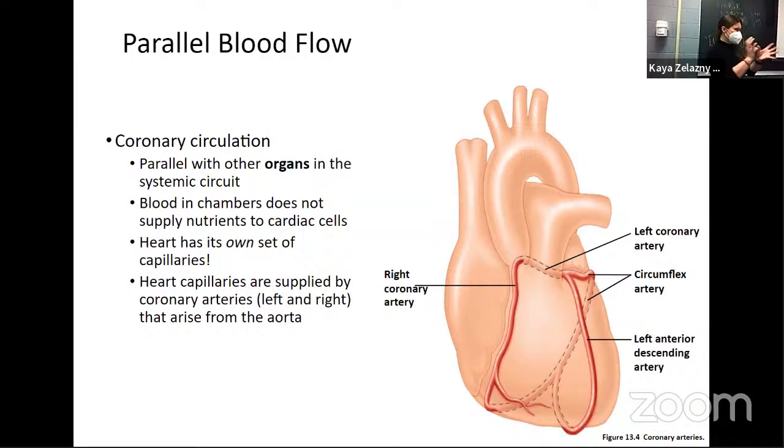We also treat the heart as its own organ system in terms of blood flow. So the heart supplies itself using these coronary arteries. In that sense, it would be in parallel when we're talking about feeding the muscle of the heart. But if we're thinking about its role in the whole cardiovascular system and the flow of blood, that would be more of a series role.